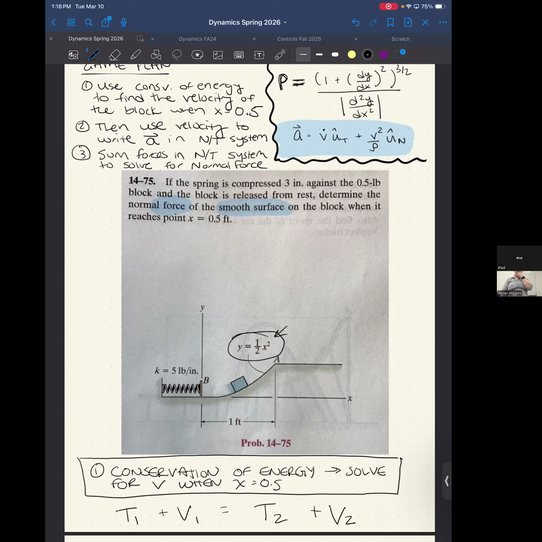There does not have to be initial velocity. So what does it describe? It says the spring starts out compressed against the half-pound block. Right? So it starts out with zero velocity, but with all of this potential energy from the spring. So the moment you let it go, the spring flings it off to the right.